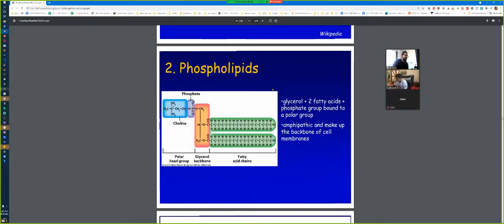And the phosphate group is bound to a polar group, in this case choline. Essentially it'll have a polar end to it. That's why when you draw the lipid bilayer, we draw it like that. You see how these two tails are over here, and then this polar part is that right there.